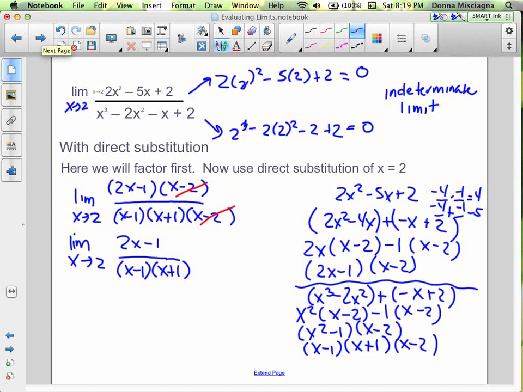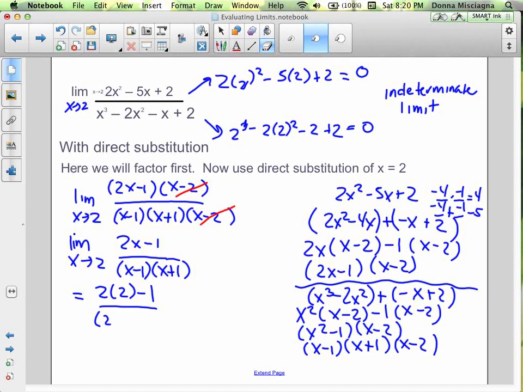All right, and so now I'm going to substitute. So now I'm dropping the word limit. So we have 2 times 2 minus 1, divided by 2 minus 1 and 2 plus 1. All right, so that's going to be 4 minus 1, that's 3.